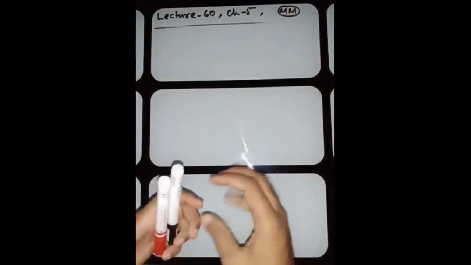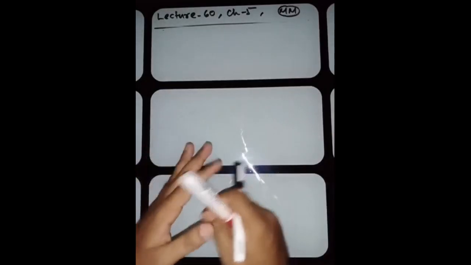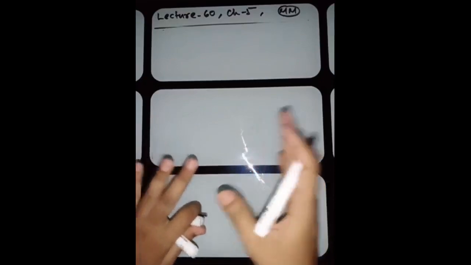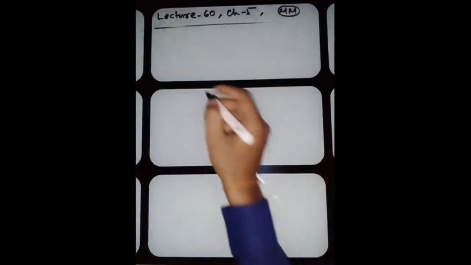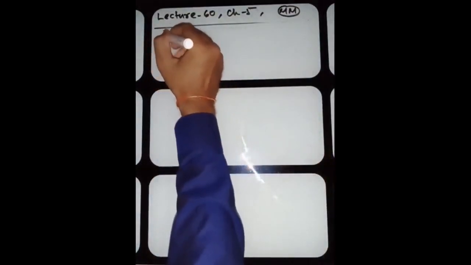The next homework, my dear students, is if you are asked for the magnetic field at an arbitrary point, as we have discussed in case of the electric dipole also. So this is your homework.